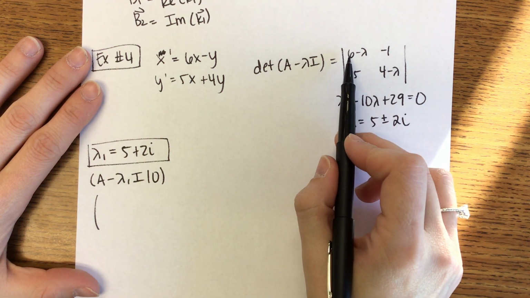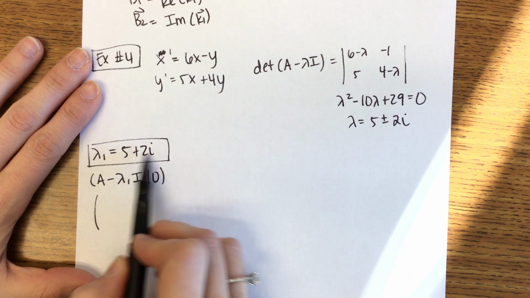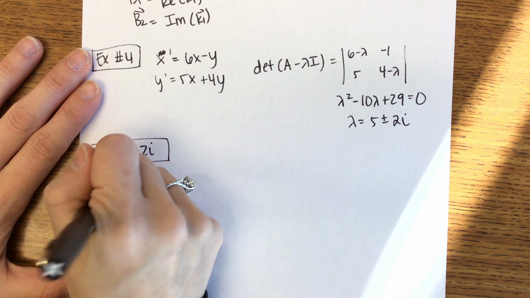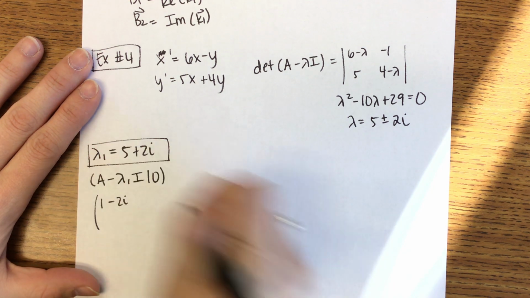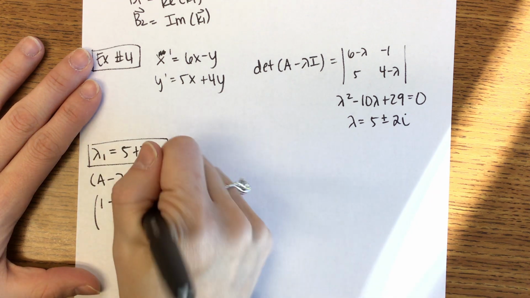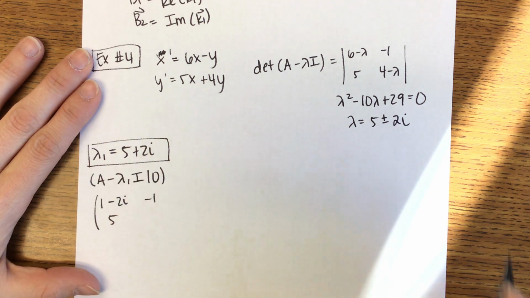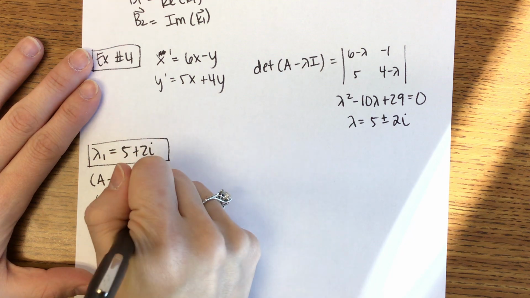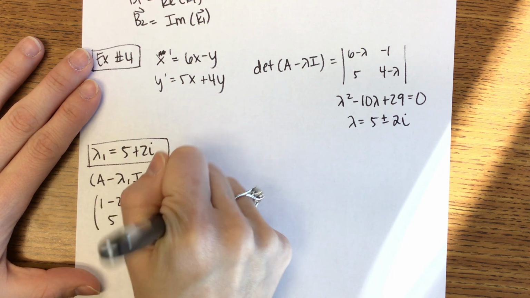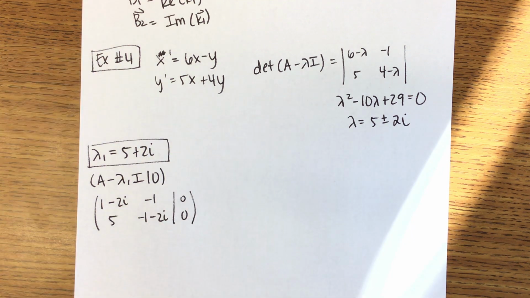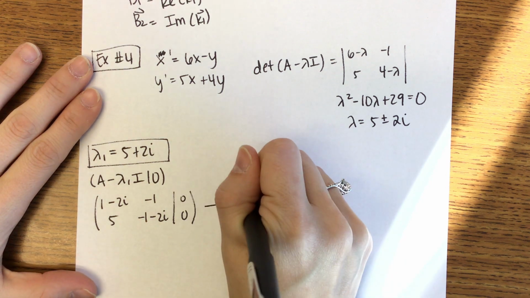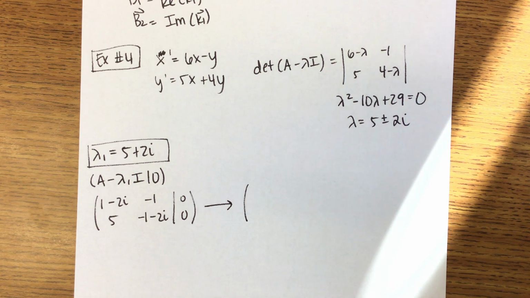Okay, so 6 minus 5 plus 2i. 6 minus 5 is 1, and then we have minus 2i. Negative 1, 5. 4 minus 5 is negative 1 minus 2i. Okay. This one I'm going to do a tiny bit differently.